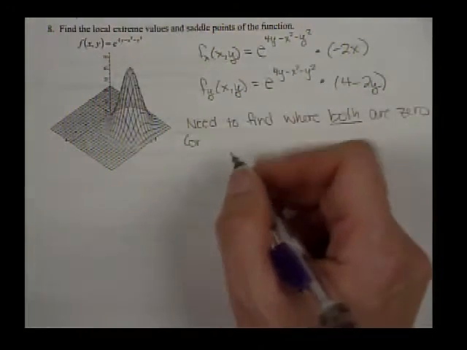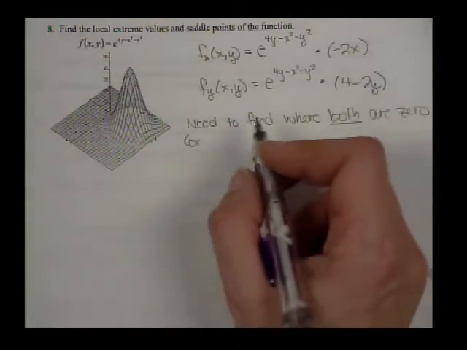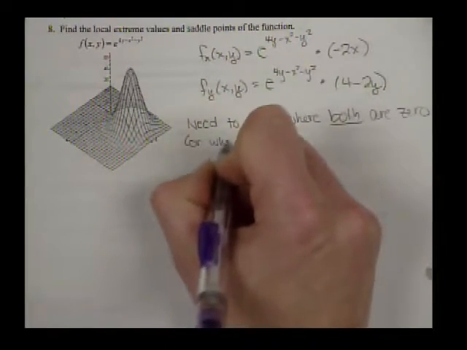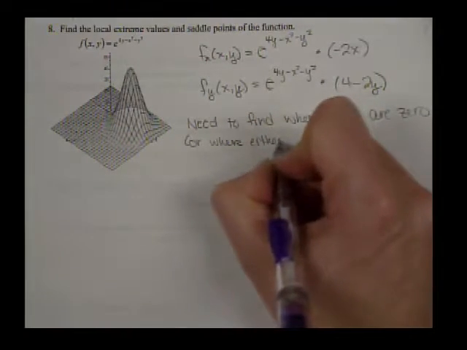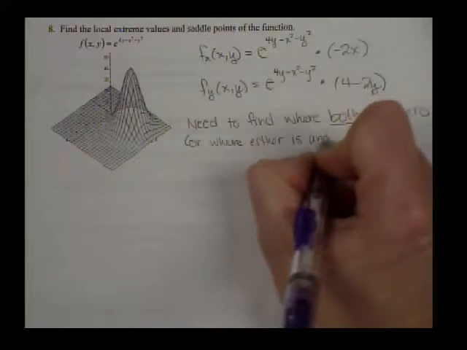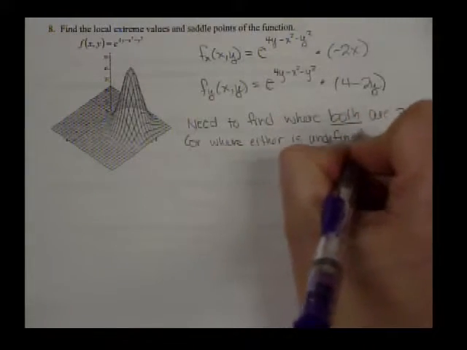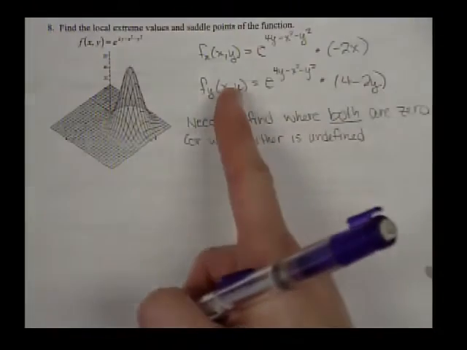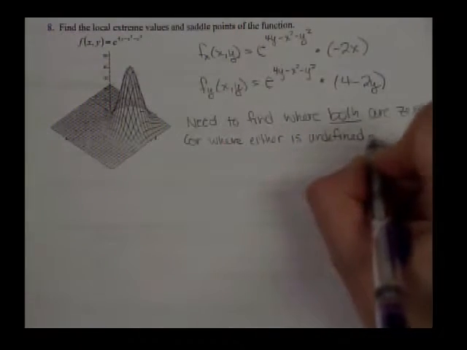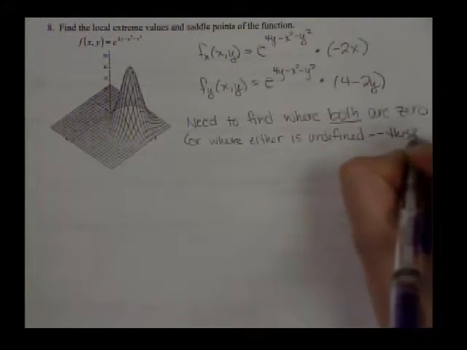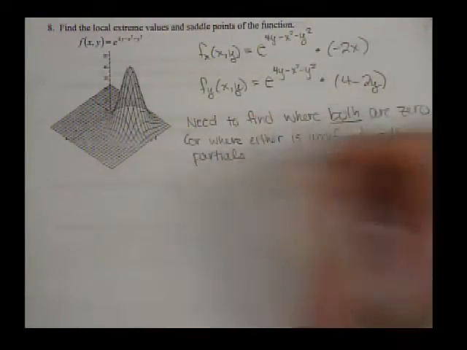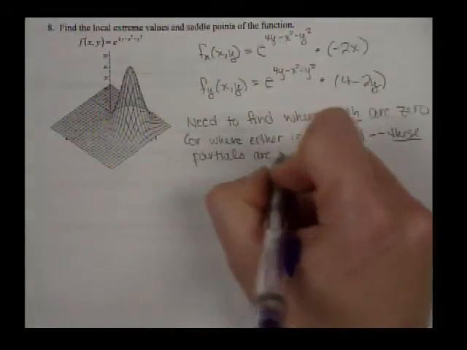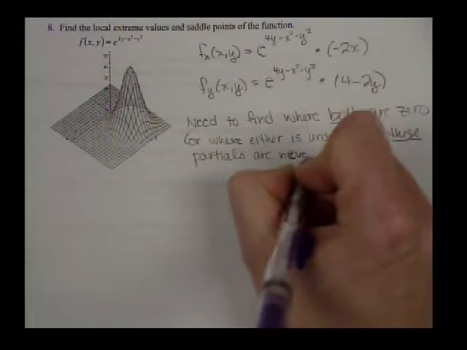And I just talked about it, but I want to stress it. Or where either is undefined, but we just mentioned these partials are never undefined. But that might not happen in future problems.